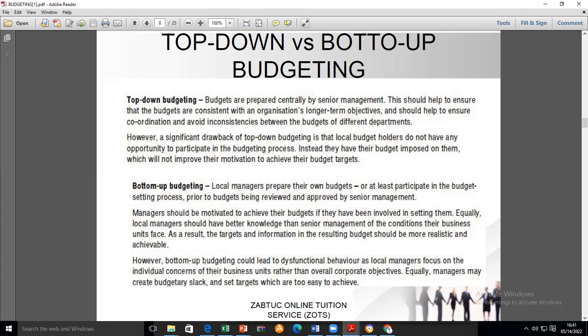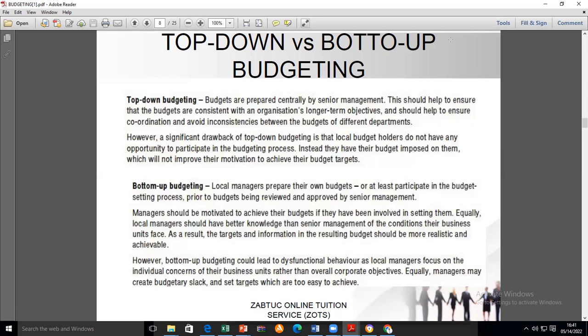However, bottom-up could lead to dysfunctional behavior as local managers focus on the individual concerns of their business units rather than the overall corporate objectives. Further, managers may create budgetary slack and set budgets which are too easy to achieve.